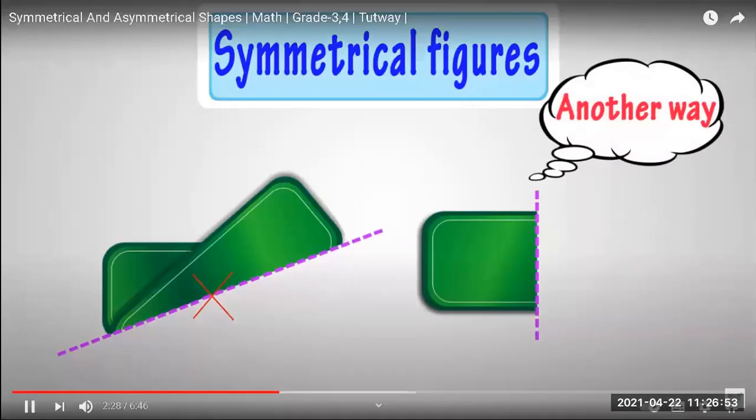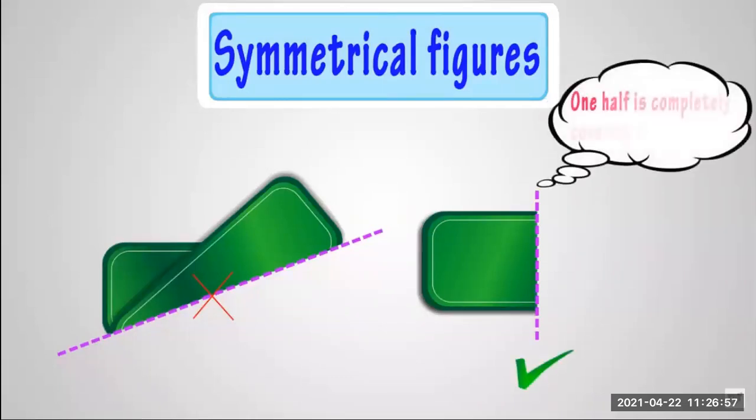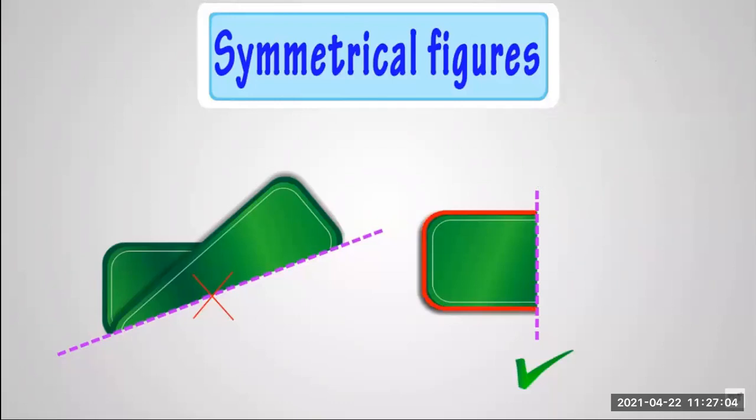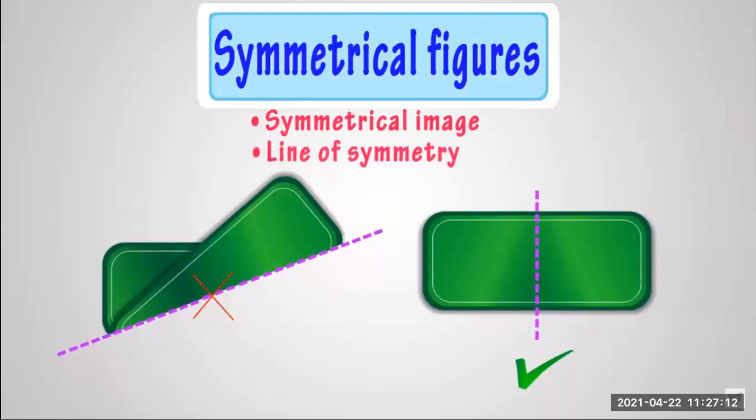Yeah, if we fold it here, it works. That is, one half is completely covering the other half. So we got to know that this figure is symmetrical, and this line of fold is the line of symmetry.